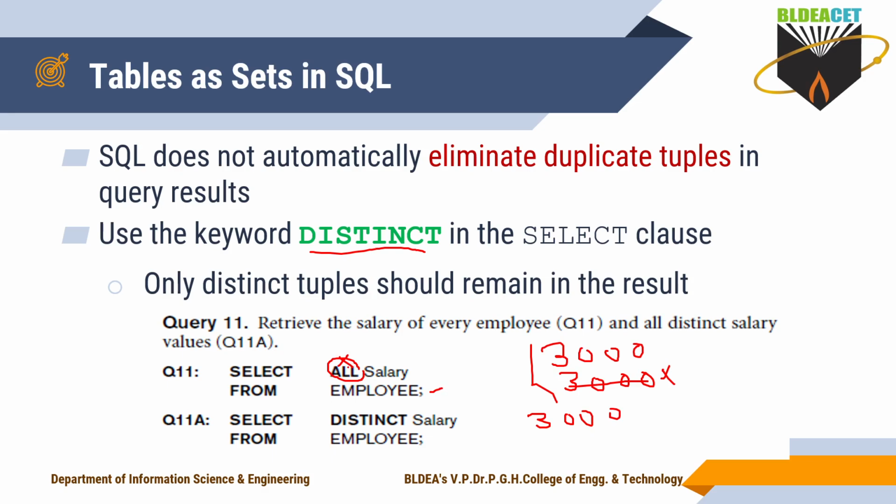If you want to specify it explicitly, you use the keyword ALL. If you do not specify it, by default it considers it like that only. But if you want to eliminate the duplicate tuples, then you compulsorily have to use the distinct keyword. Only if the distinct keyword is used does it eliminate the duplicate tuples. If not, it doesn't eliminate them.